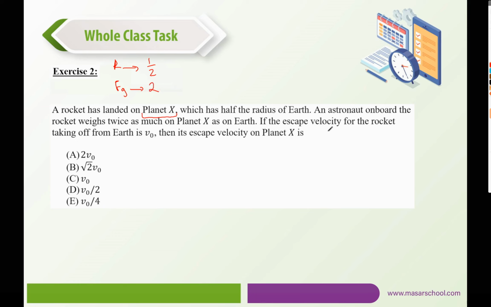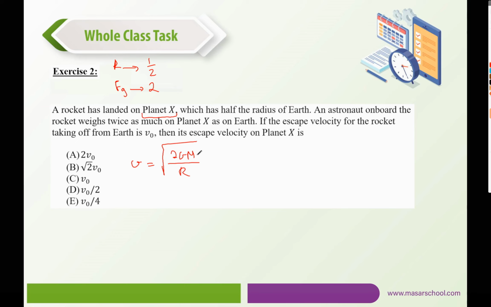If the escape velocity for the rocket taking off from Earth is v0, then what is its escape velocity on planet X? We need to find the escape velocity on the new planet, but we know that the escape velocity is given by the square root of 2GM divided by r. Now we already know how r changes. It changes by a factor of half.